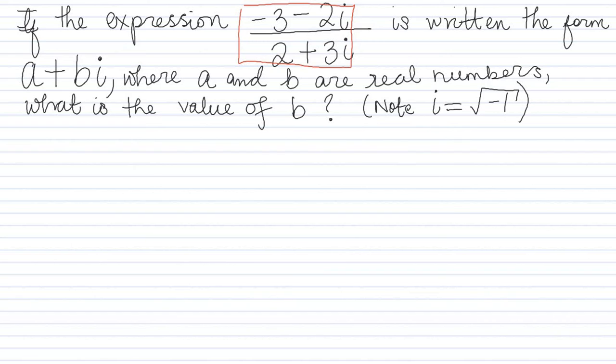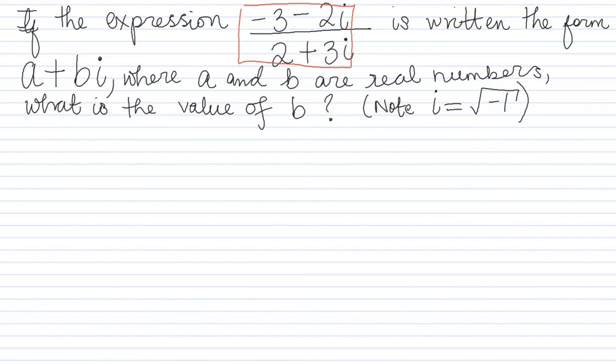So for this particular video, we have: if the expression in the red box, (-3 - 2i) divided by (2 + 3i), is written in the form a + bi, where a and b are real numbers, what is the value of b?